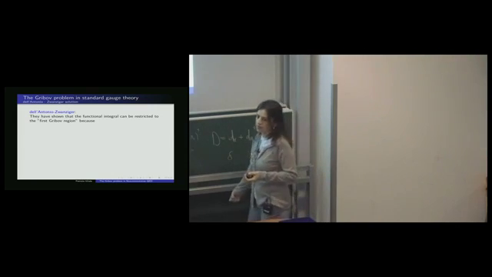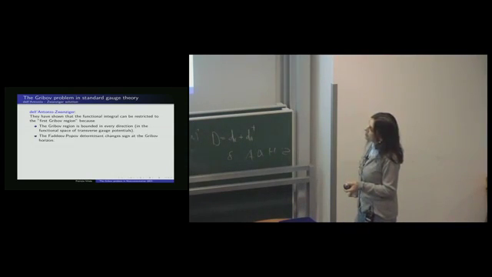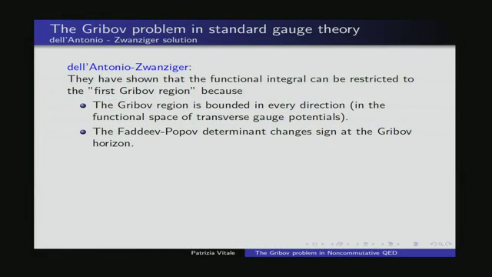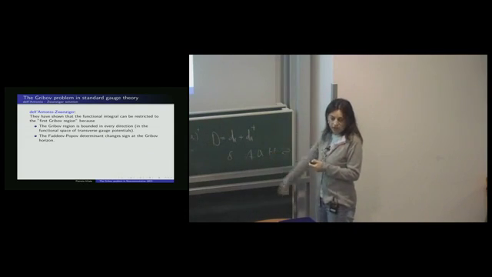This region is characterized by the Faddeev-Popov determinant changing sign at the horizon, at the boundary of this region.